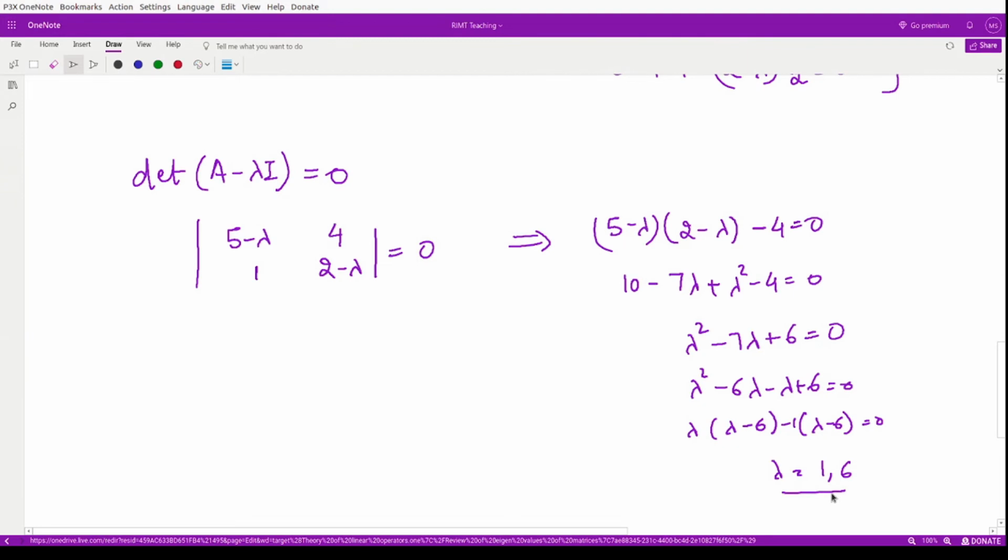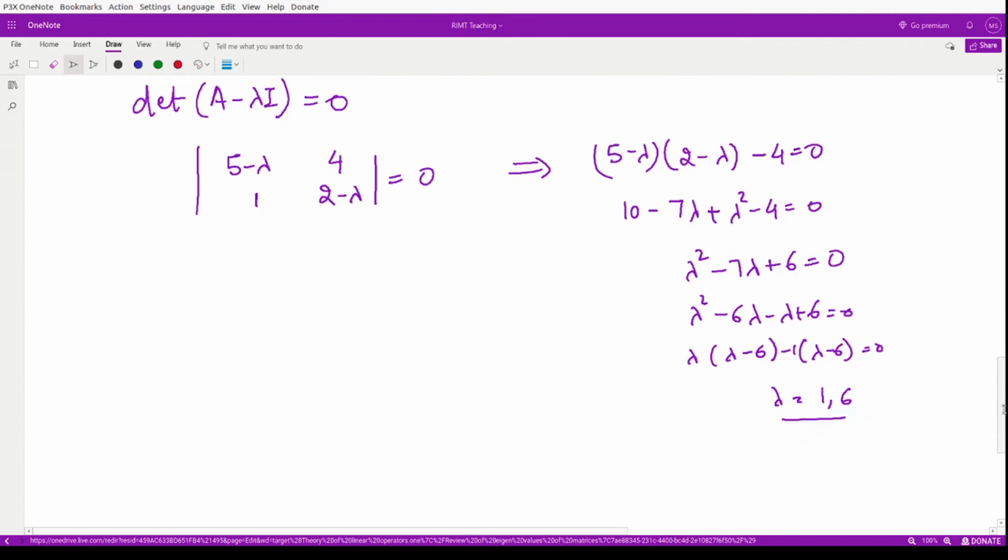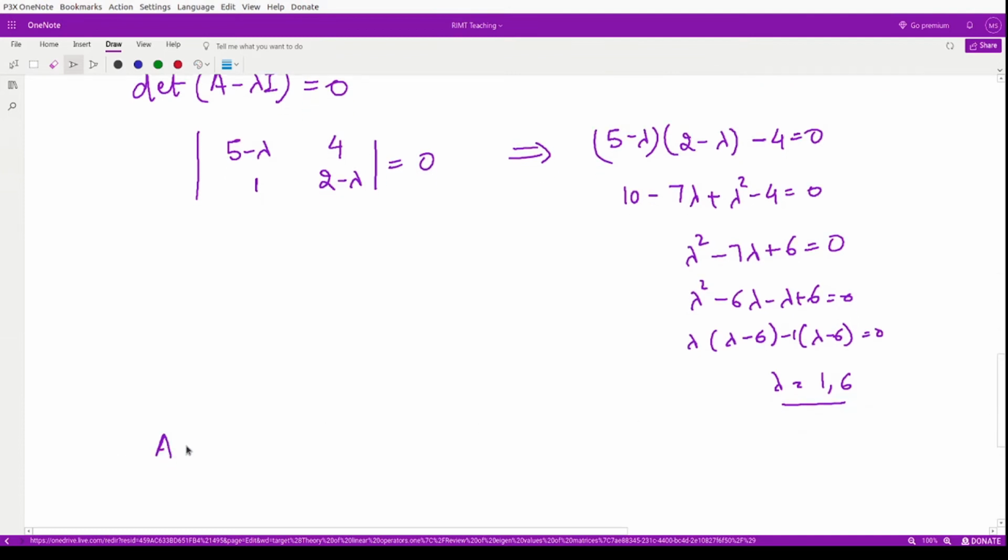So these are the two eigenvalues corresponding to that given matrix, right? Now you may compute the eigenvectors by substituting the values here into this equation. So the first value of lambda is 1, so you have Ax equal to 1 into x.